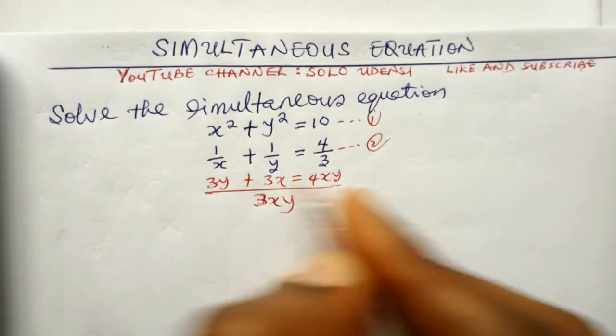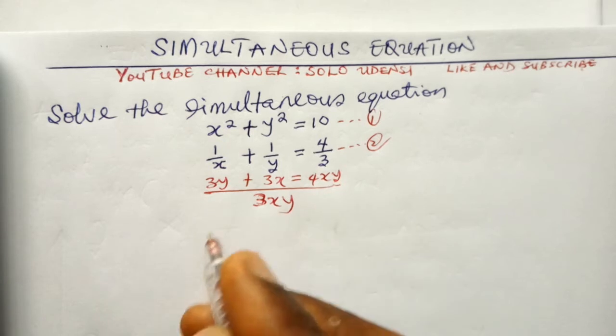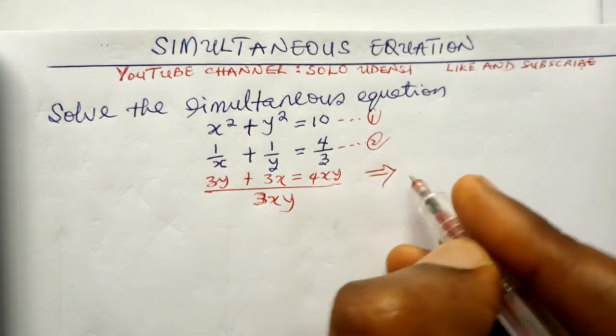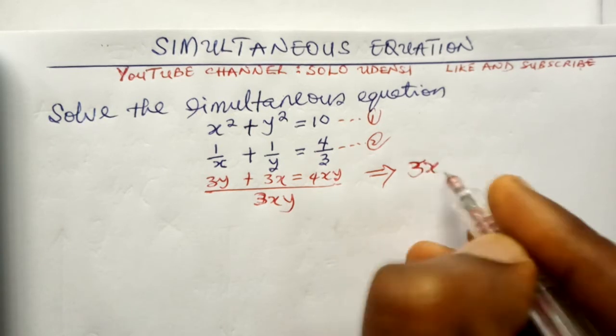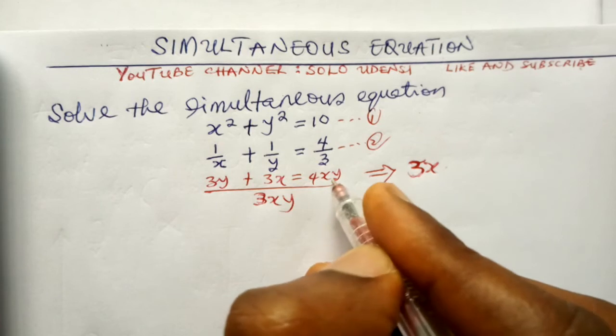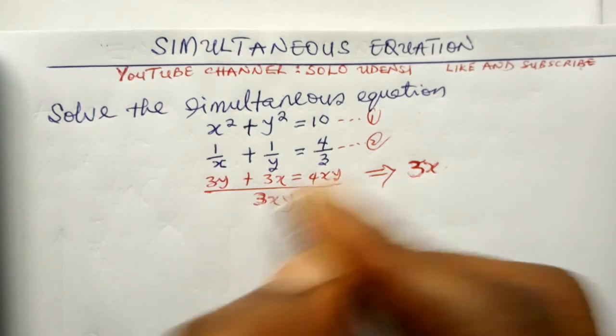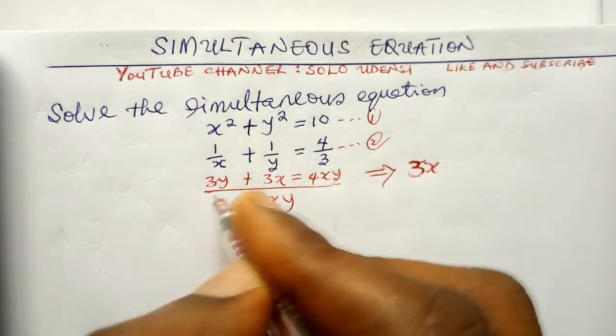So from this equation, 3y plus 3x is equal to 4xy. This implies that our 3x, then we can bring in y here, so that this is y.